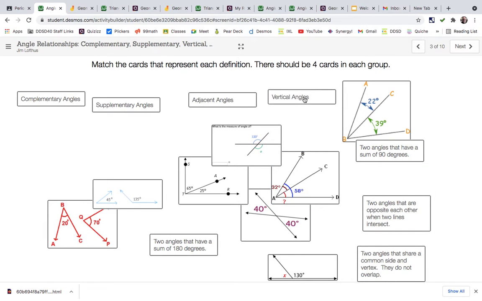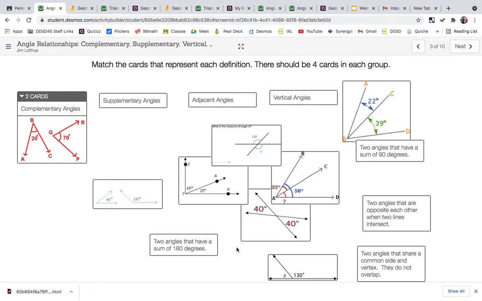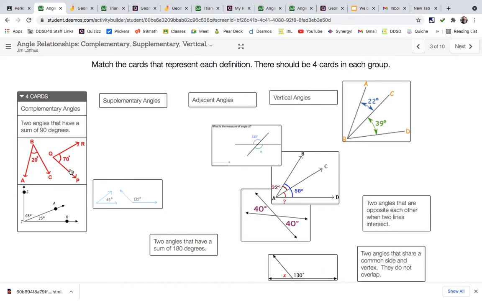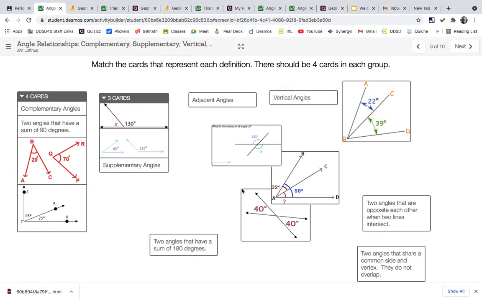So we've got 4 sets of 4 cards. So these are complementary, 2 angles are 90 degrees, and these are also 90 degrees. When we add them together, supplementary means that they add up to 180 like these, and they add up to 180.